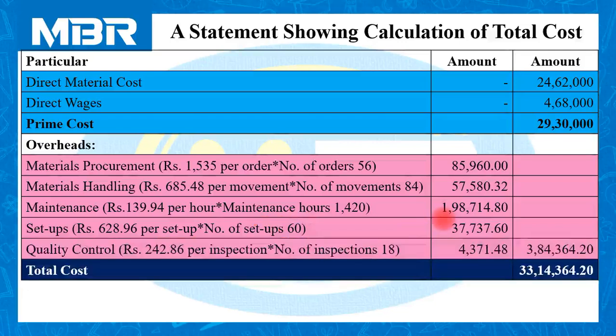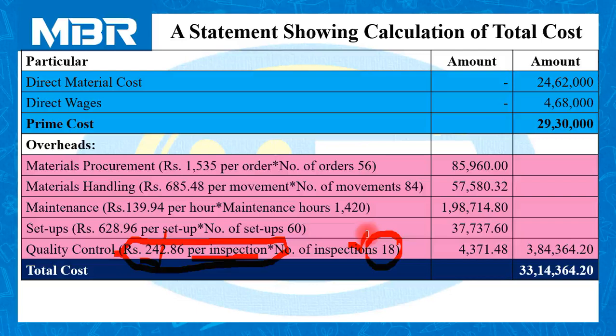And last, quality control. For the overheads related to the activities of QC quality control, we have taken the base of inspection. And the cost dedicated is 242.86 per inspection. Number of inspections are also given in the question, and they are 18.